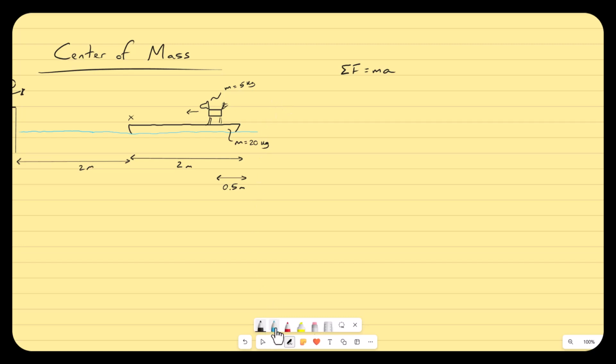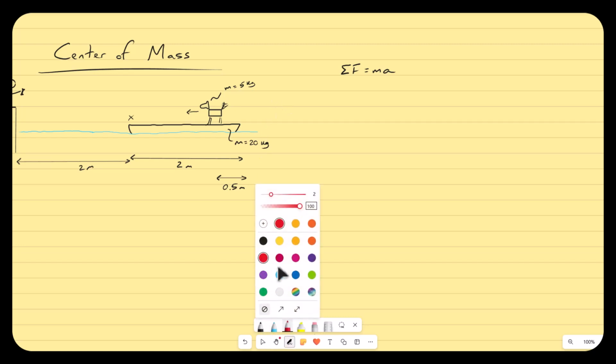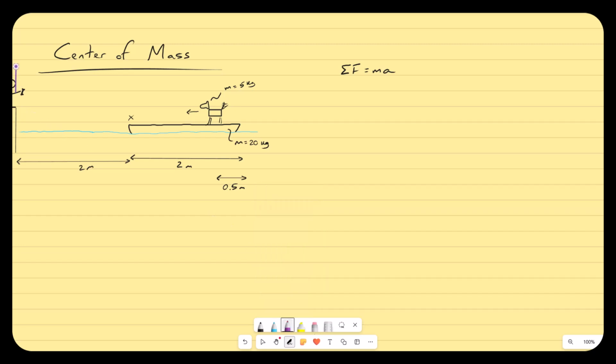I'm going to need some kind of a coordinate axis, and I'm actually going to put my coordinate axis, in this case, right here at the edge of the dock, because I know that that dock isn't going anywhere.